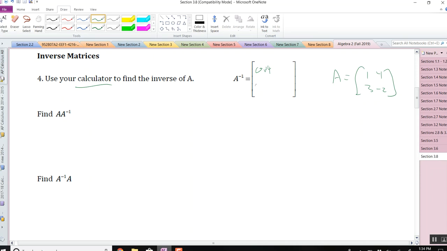Sorry, my computer sometimes freezes up. It's kind of hard to read, so I'm going to convert this to a fraction.